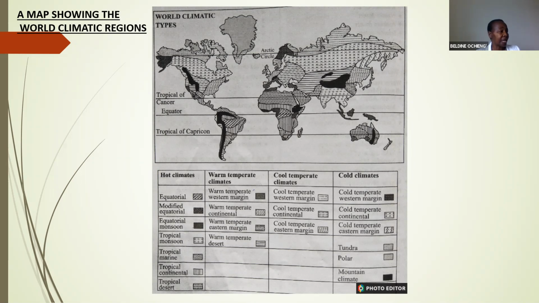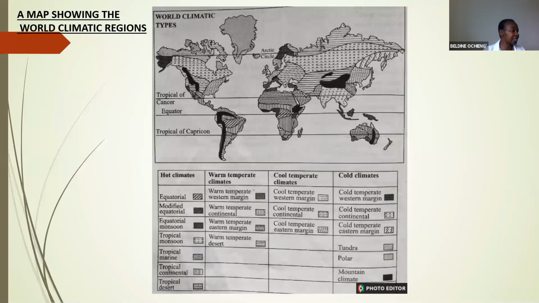And for the major climatic regions that we are seeing here, we have the hot climates, we have the warm climates, we have the cool climates, we have the cold climates, and we have the very cold climates. This is under the basis of temperature. They used temperature to classify. Then they used the rainfall levels or amounts to classify the subdivisions of these 5 climatic regions.